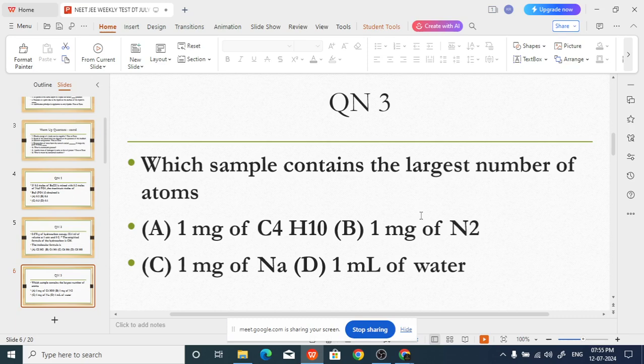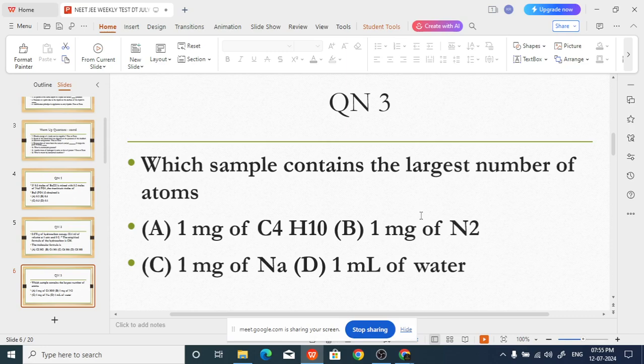See, C4H10. What is the molecular weight of C4H10? For C it is 12. 12 into 4 is 48. And H is 1, H10 means 10. 48 plus 10, 58. 58 gram of that C4H10 will have 6.023 into 10 power 23 atoms. Am I correct? Similarly, N2. N2 is nitrogen.